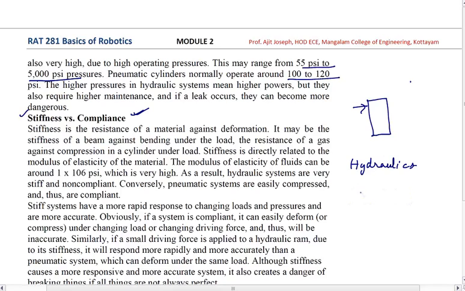we have within a cylinder a piston kind of arrangement, and there is oil or fluid underneath it, and then we have some outlet. Let me draw it a little bit better.